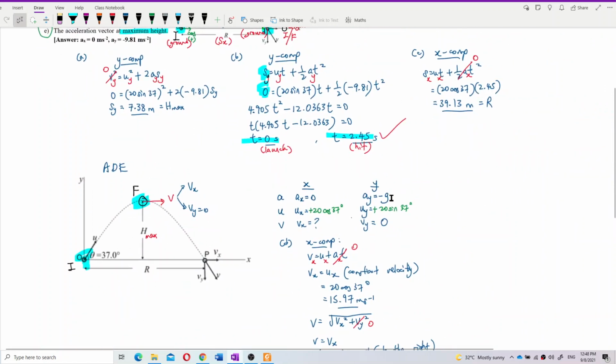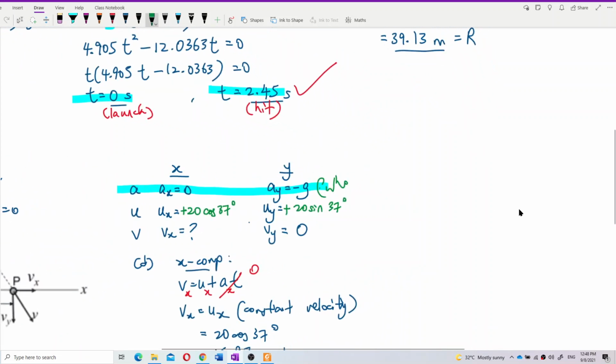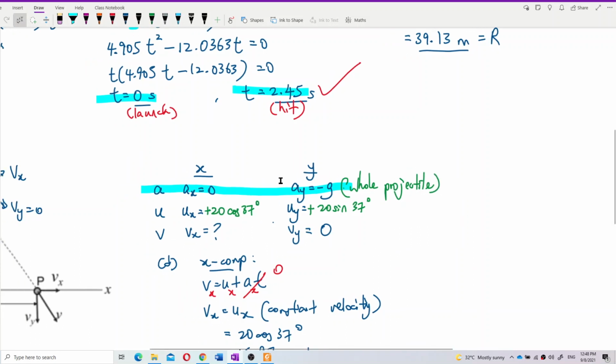Acceleration is the same for the whole projectile.